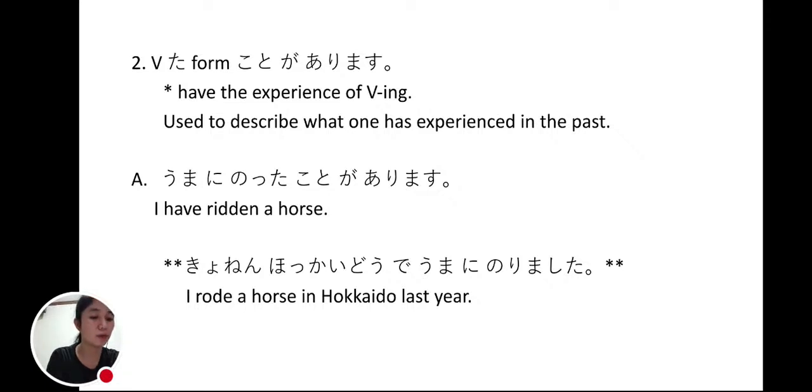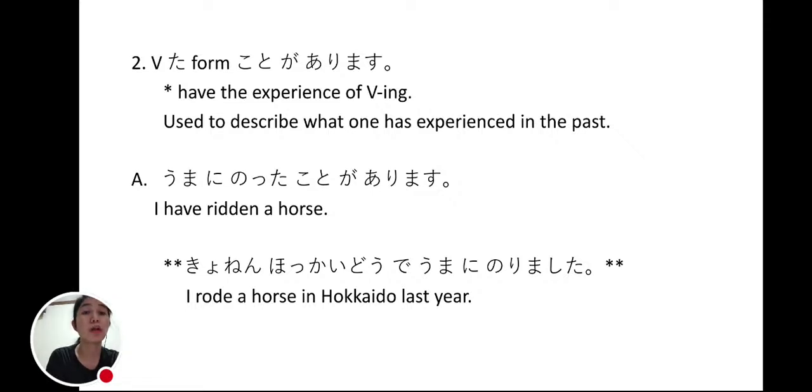Minasan no keiken wa dou deshita ka? Dou desu ka? So you can use this for your experience. For example, in here, I have ridden a horse. Uma ni notta. Uma is horse. So, uma ni notta koto ga arimasu. Or, for example, na-experience mong umakyat sa bundok.